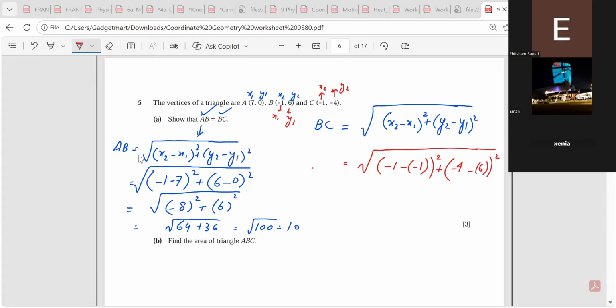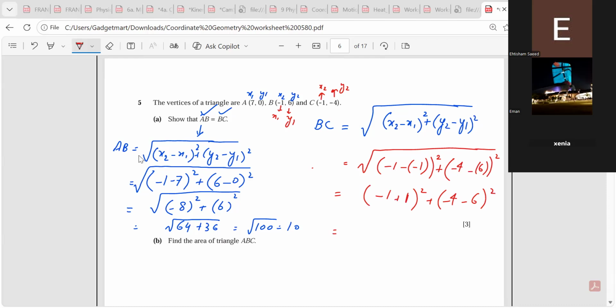ठीक है जी. So here when we are going to solve it, this is -1 plus 2 plus 1 and then their square. ठीक है. So this is going to be 0 and then this is -4 -6 square.